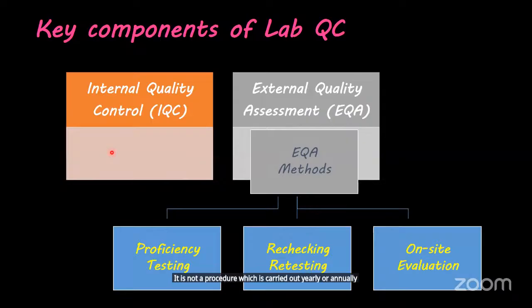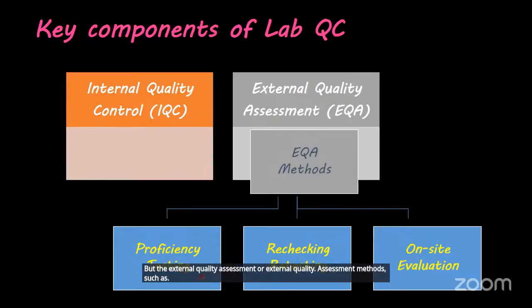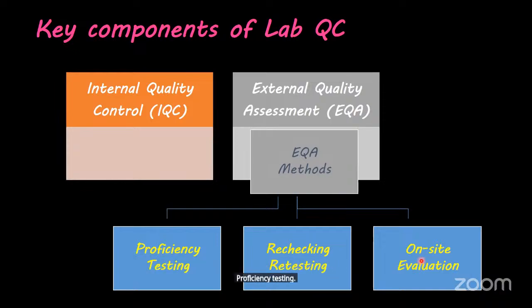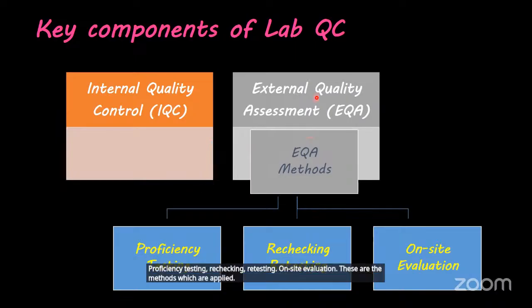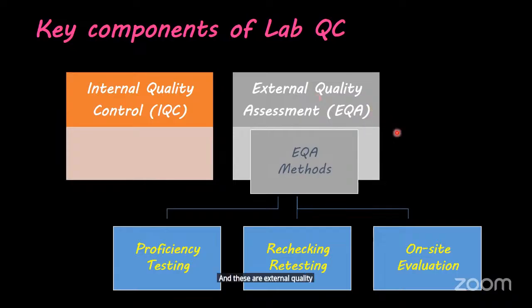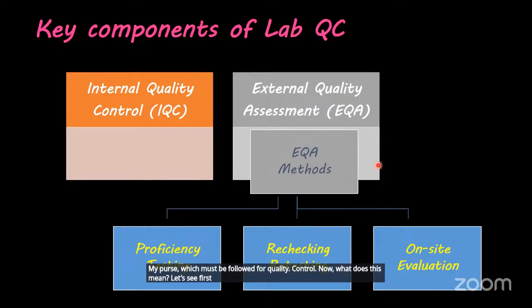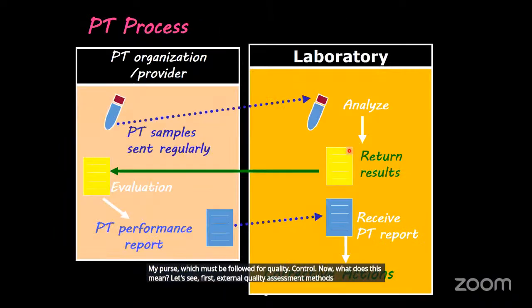External quality assessment methods such as proficiency testing, rechecking, retesting, and on-site evaluation are the methods applied for external quality assessment. These two must be followed for quality control. Now, what does this mean? Let's first see the external quality assessment methods and their importance.